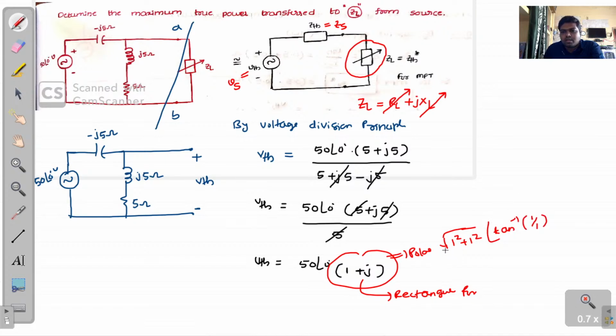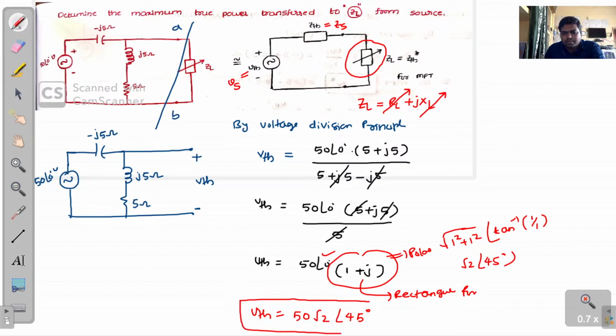So you will get root 2 and 45 degrees. Now you will get V Thevenin equals, here we have a 0 phase difference so you can ignore that, 50 root 2 angle 45 degrees. So this is your V Thevenin, 50 root 2 angle 45 degrees volts.